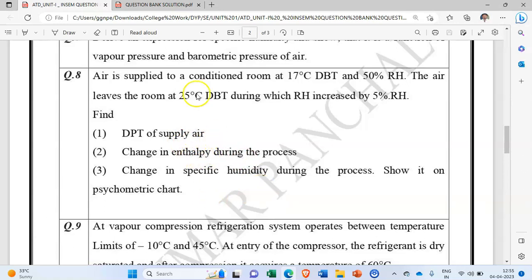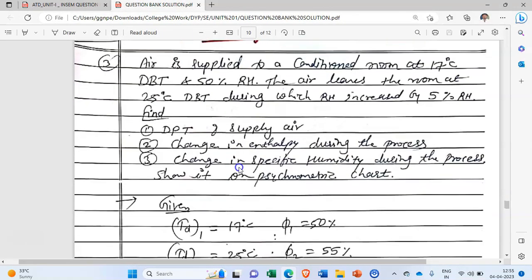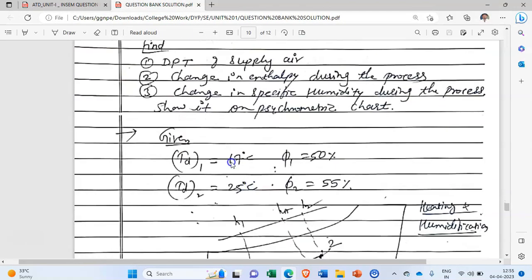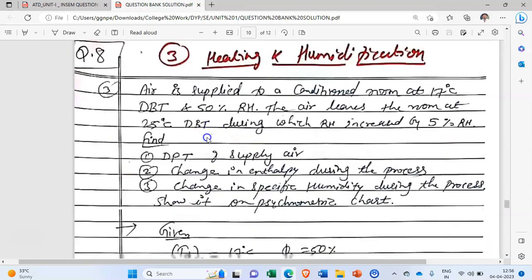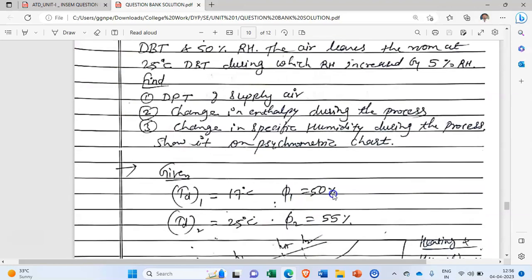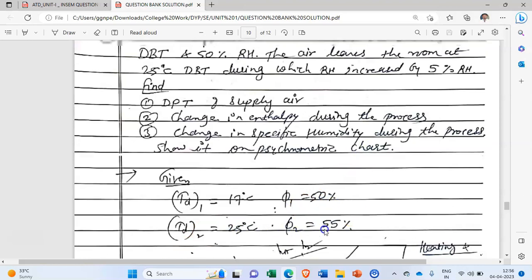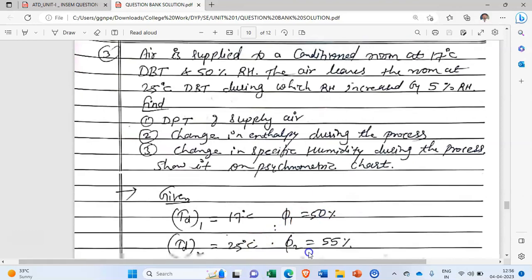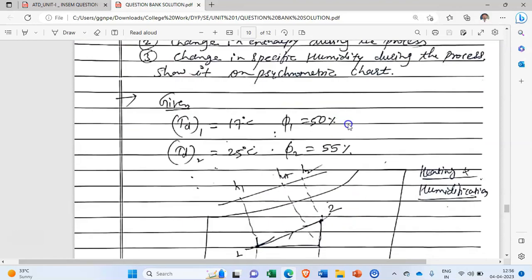Now let us try to solve this question. First of all, we have to write down the given data. At the inlet, DBT1 is 17 degrees Celsius and relative humidity phi1 is 50%. DBT2 is 25 degrees Celsius and phi2 is 55%, that is, increased by 5% relative humidity, so we just add 5% to the previous one.